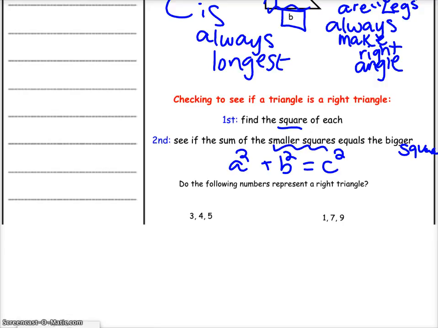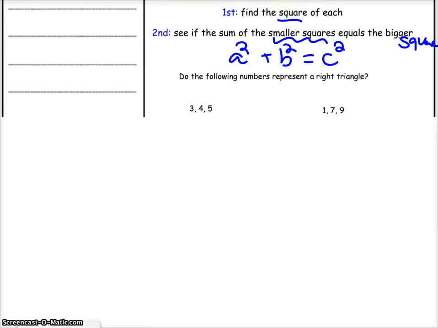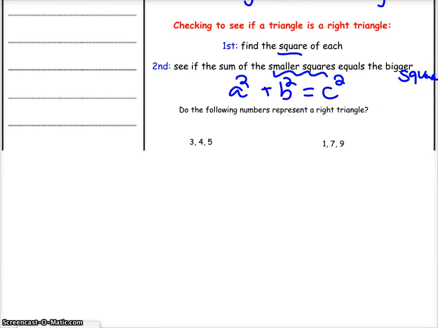So your learning target today, you are going to be given numbers and you're going to have to tell me, do these numbers create a right triangle? So given the numbers 3, 4, and 5, can I make a right triangle that has these dimensions? Well, which one is my C? 5. It's the longest one. So that's my C. And then it doesn't matter what you choose as your A and B, because addition is commutative, you can flip it around.